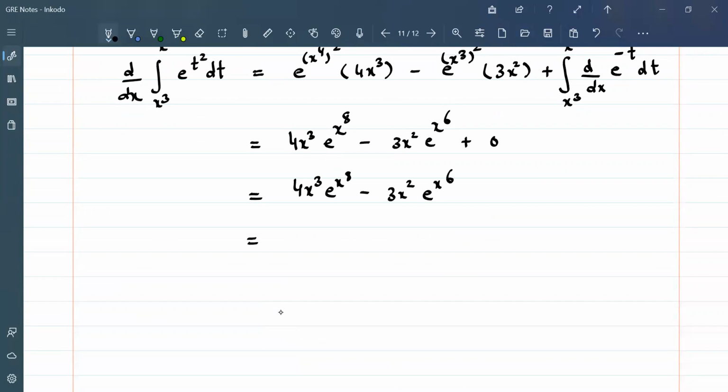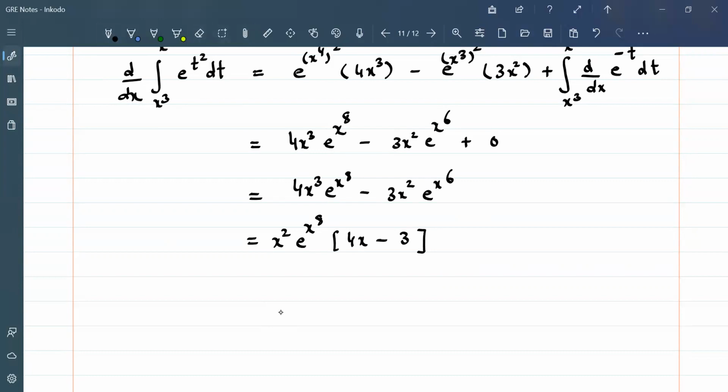So we have x square common, and e raised to power x^6, which is equal to 4x e raised to power x^8 minus x^6, and then minus 3. Okay, students.